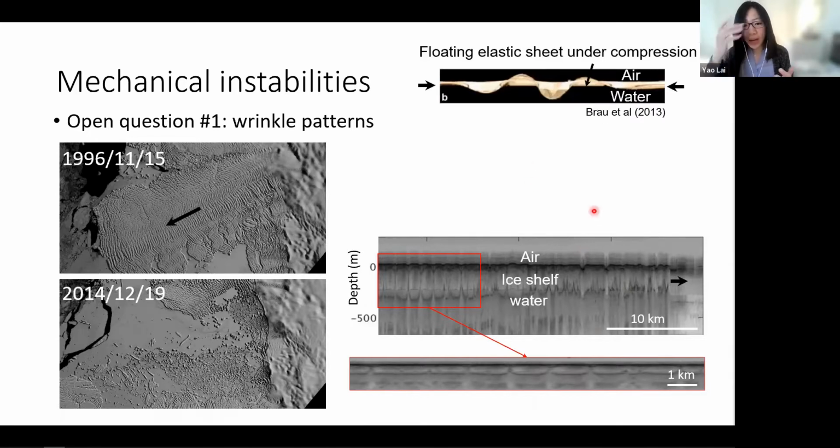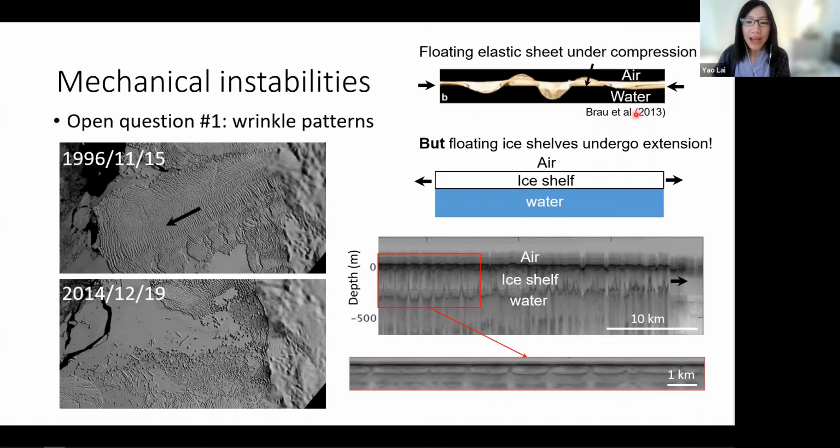We know that periodic wrinkles can form when we compress a floating elastic sheet. But ice shelves are actually undergoing extension rather than compression. So what drives this observed periodicity is still not well established.